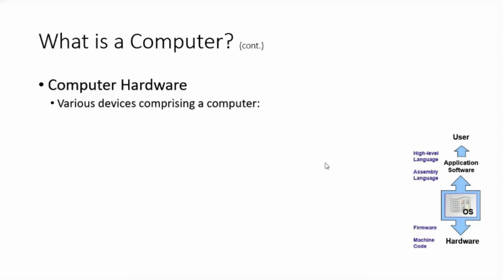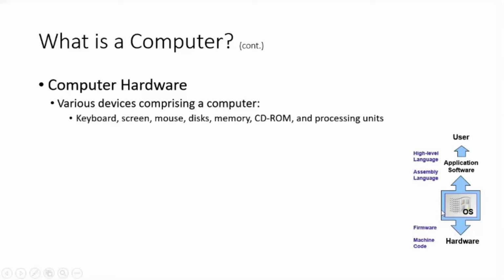If you see the picture on the right bottom, hardware is one part of the computer, and the other part of the computer is the software part. The various devices comprising the hardware part are keyboard, screen, mouse, disk, memory, CD-ROM, speaker, mic, printer, whatever it is. Everything is included in the computer hardware.